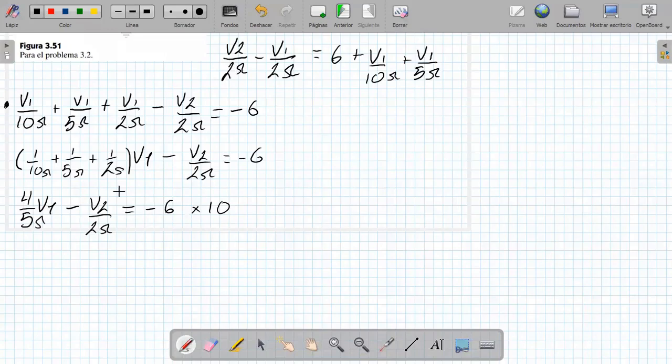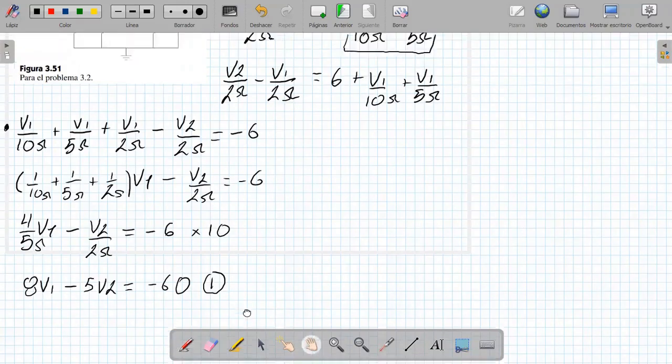So, if I multiply the entire equation by 10, multiplying 4/5 by 10, this will leave me with 8 B1 minus 5 B2 equal to minus 60. Both this and this are fine, except that here I avoid the denominator and the equality is maintained. This is going to be our equation 1.